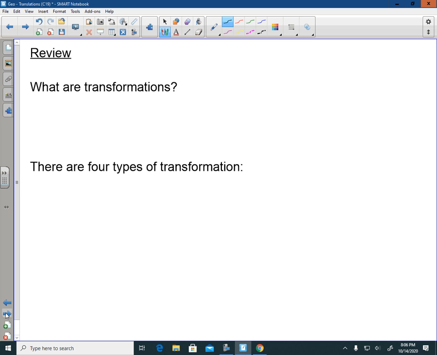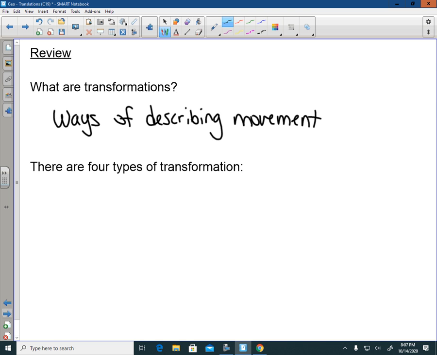All right, so quick review. What are transformations? Transformations are ways of describing movement. Geometric transformations are a specific type of movement, and they've broken it down.